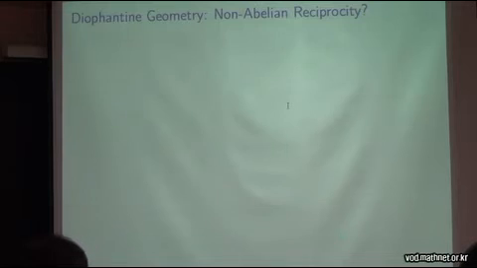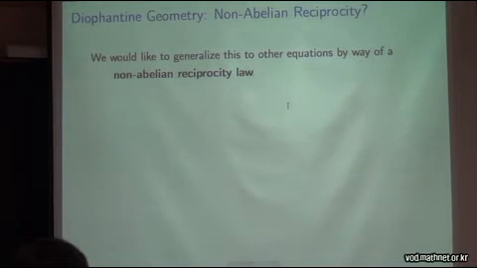So my goal for a while has been to formulate a non-abelian reciprocity law of this sort from this point of view. As you know, many people mean many different things by non-abelian reciprocity. The most standard interpretation is the Langlands program, which is of course very important, but that's not the only thing one might mean by such a thing. So in particular, what I'm claiming here is that one should try to do Diophantine geometry for other varieties in this manner.